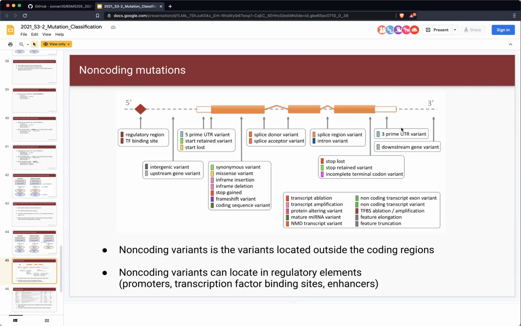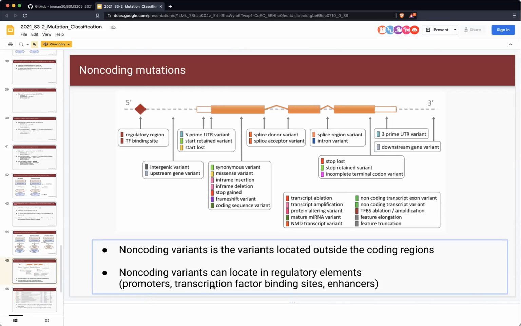So we have some mutations that happen in the coding region, but also outside the coding region, so outside the exonic region. In that case we call it a non-coding variant, right? So why do we care about non-coding variants? Because non-coding regions have lots of regulatory elements. As I mentioned, they have the promoters, and they have the transcription factor binding sites.